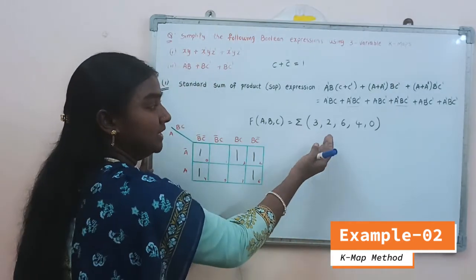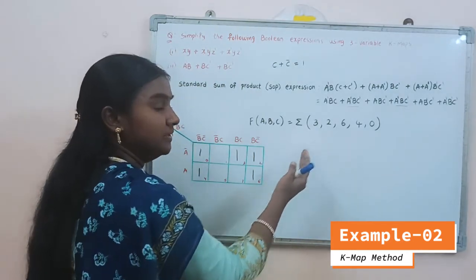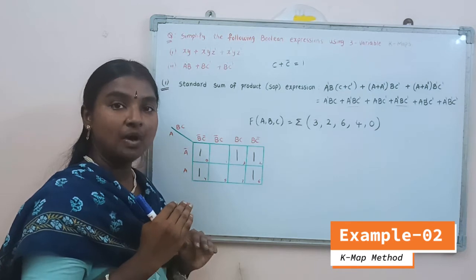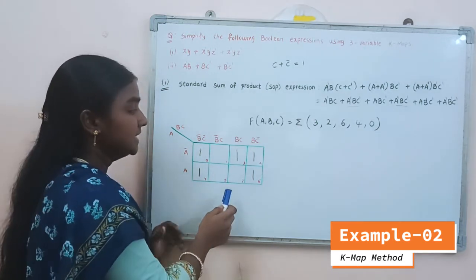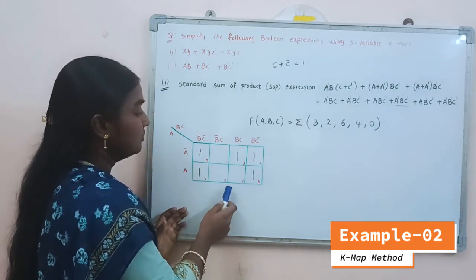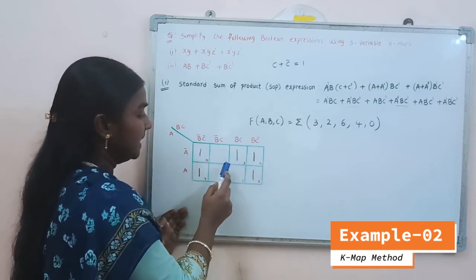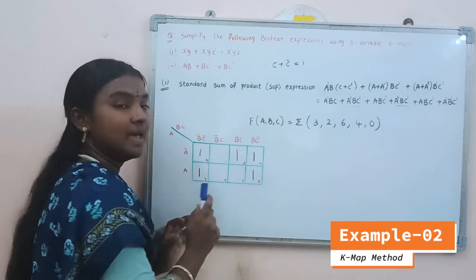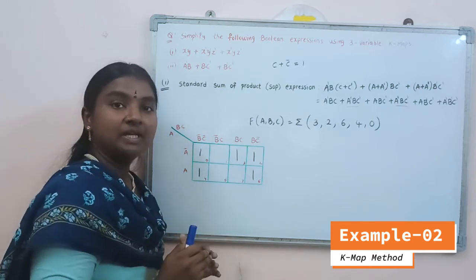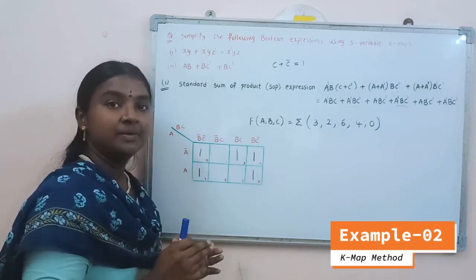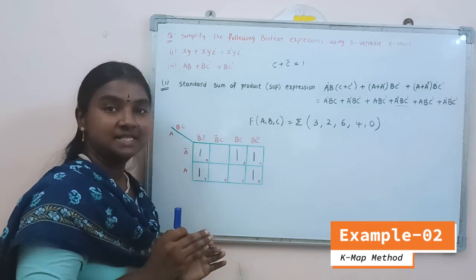Whatever the minterms present in this function, for those minterms, we need to assign 1 in this 3 variable K-map. So we assign 1 in M0 place, M2 place, M3 place, M4 and M6 place. And after assigning the ones here, we need to combine the adjacent ones.